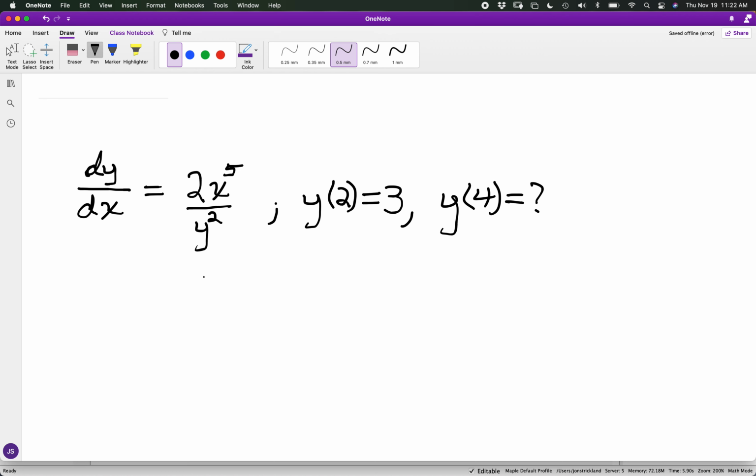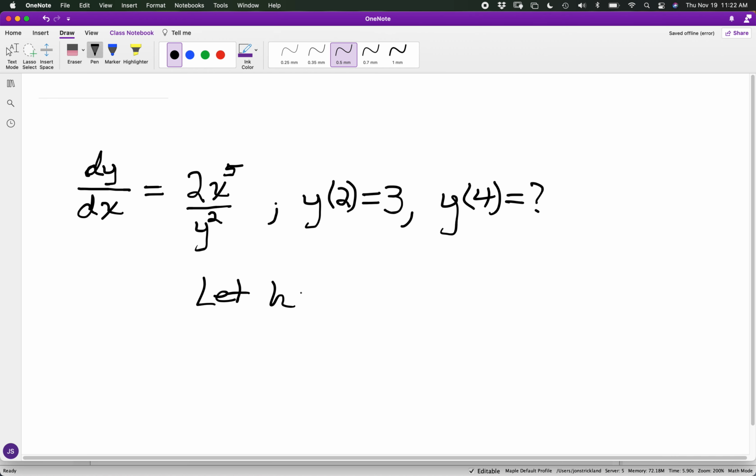Let's say we let h be equal to 0.1, and we'll try it out also with h at 0.05.